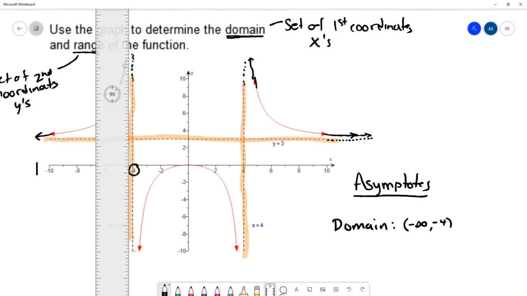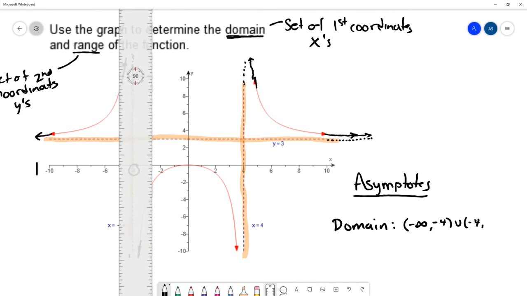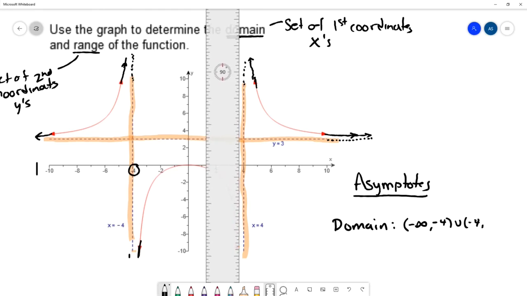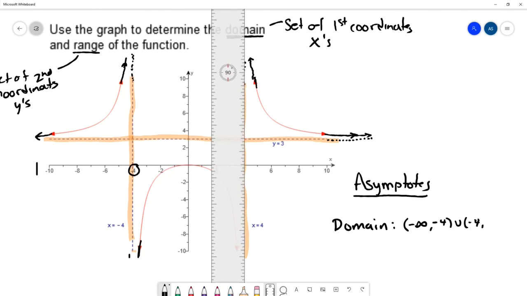But right after that line, you see this portion of the graph is going to get closer and closer without ever reaching. And so right after that line, your domain starts again. I'm touching the graph all along this section, and I stop at the vertical line.